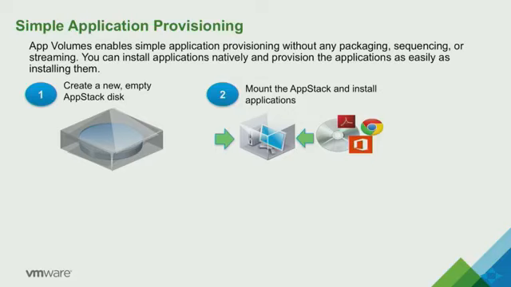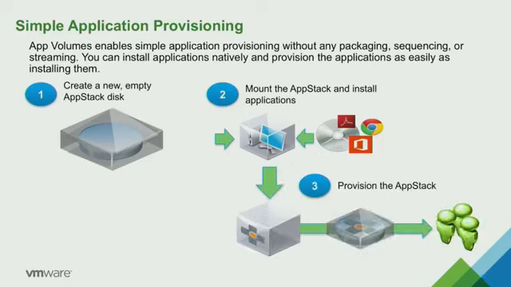And once you get all the applications you want on that app stack, typically you're going to put several related applications on there. Once you get them installed and everything's working correctly, the App Volumes Manager separates that app stack from the provisioning VM, and you can deploy it to the end users. With apologies to Chester Cheetah, it's dangerously easy. Okay? All right?